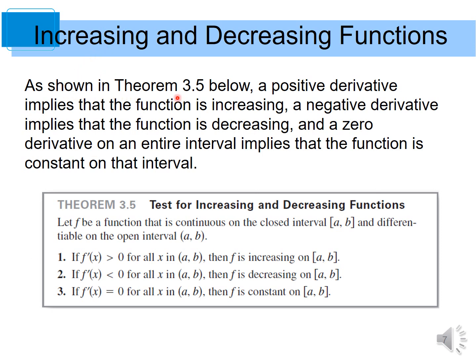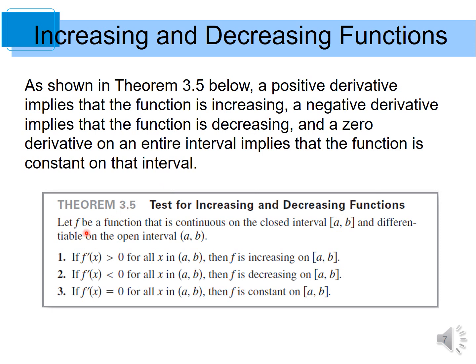As shown in Theorem 3.5 below, a positive derivative implies that the function is increasing. A negative derivative implies that the function is decreasing. And a zero derivative on an entire interval implies that the function is constant on that interval.